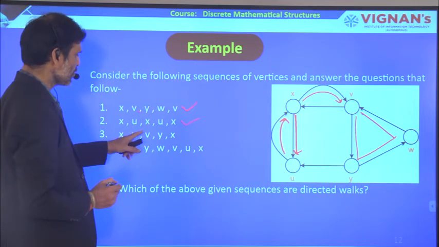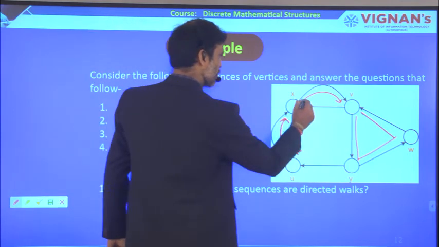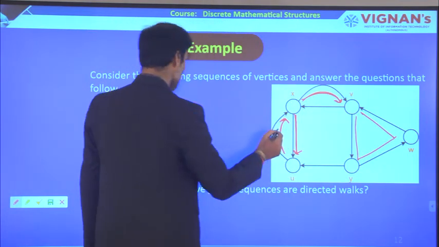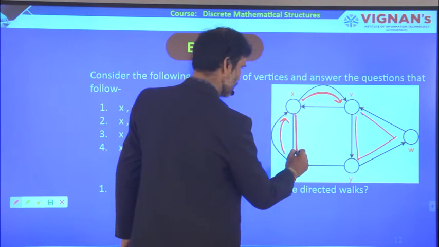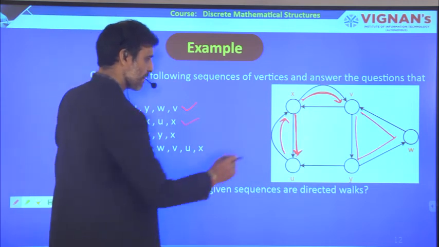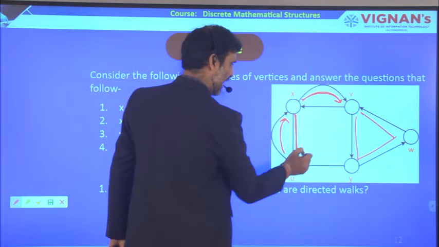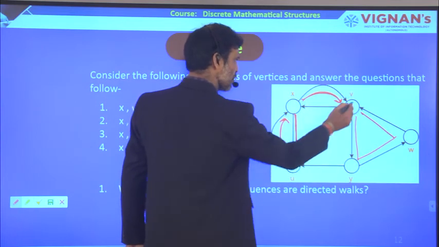X to u, u to v, v to y, y to x. The next case, x to u, and u to v. There is no edge connecting the vertices u and v.